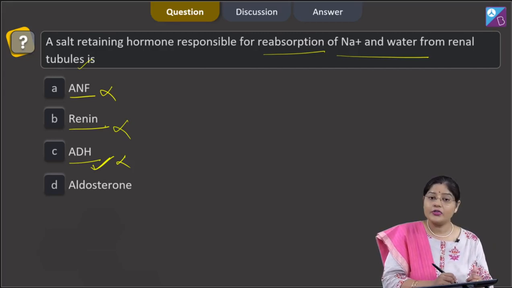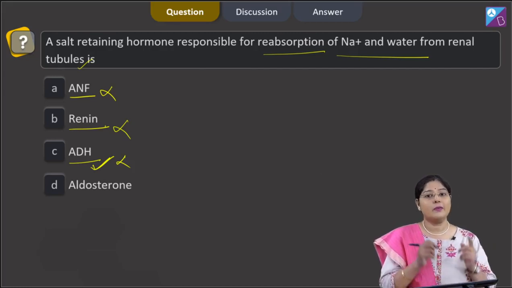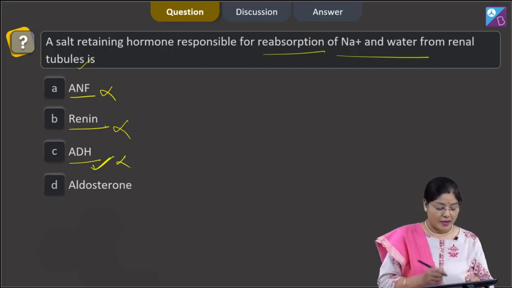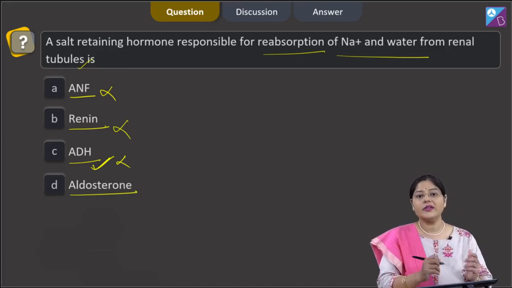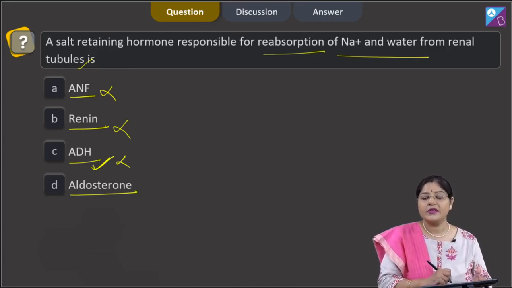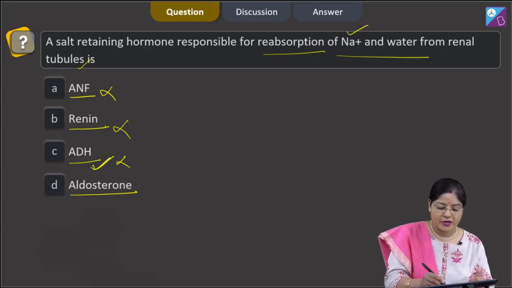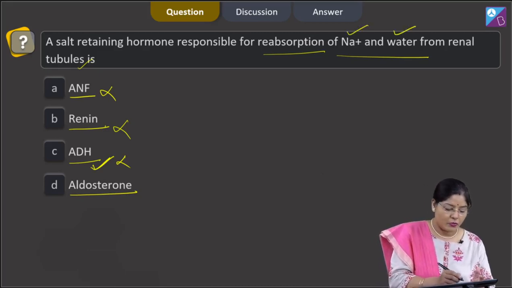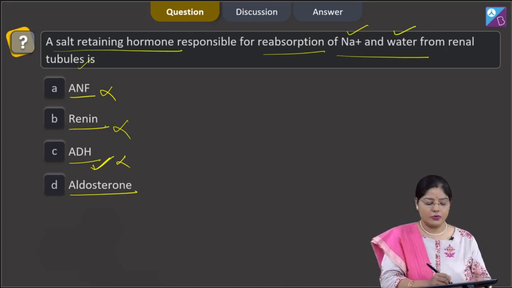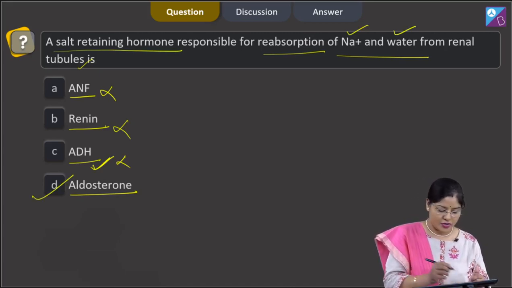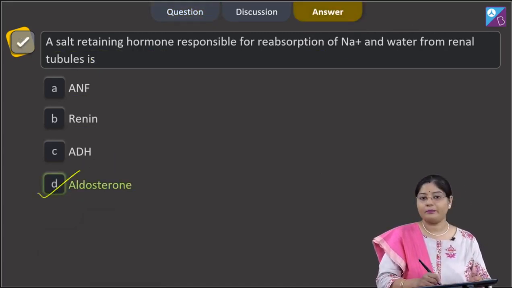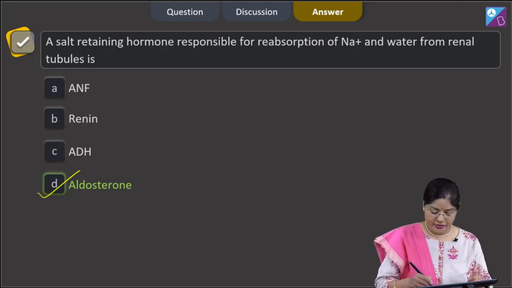Fourth option, aldosterone. Aldosterone is a mineralocorticoid. This aldosterone acts on the distal parts of the renal tubules and facilitates reabsorption of sodium and water, and it is also known as salt retaining hormone. So correct answer to our question is option number D. Now proceeding to the next question.